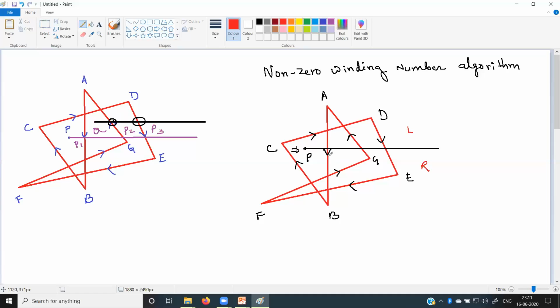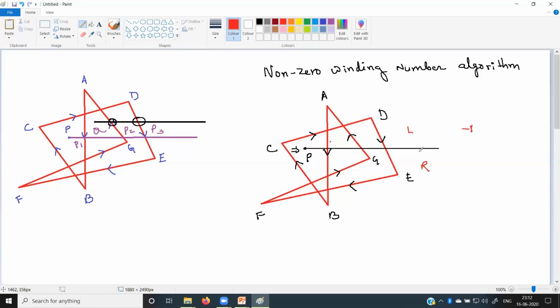What is the direction of the line? The direction of the line is from A to B, that means from left to right. If the direction of any line is left to right, then we consider a value which is -1. This value -1 is called the winding number.